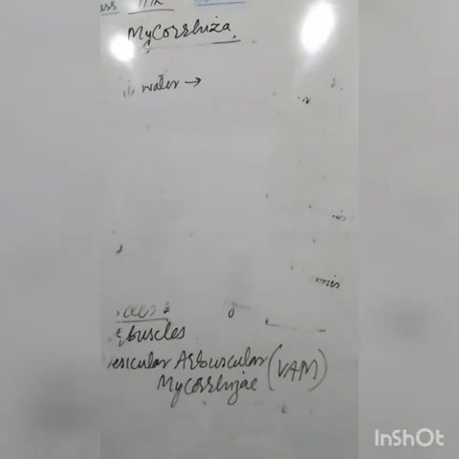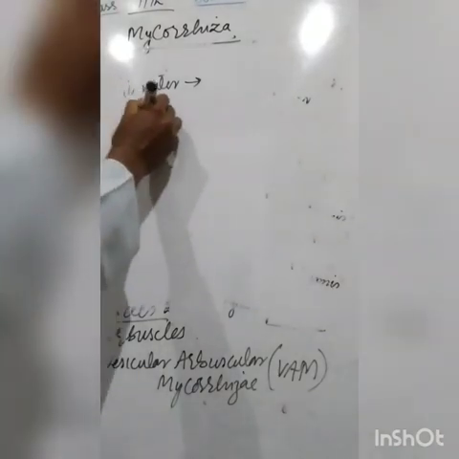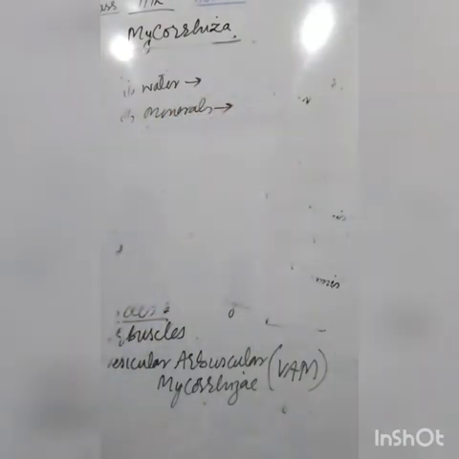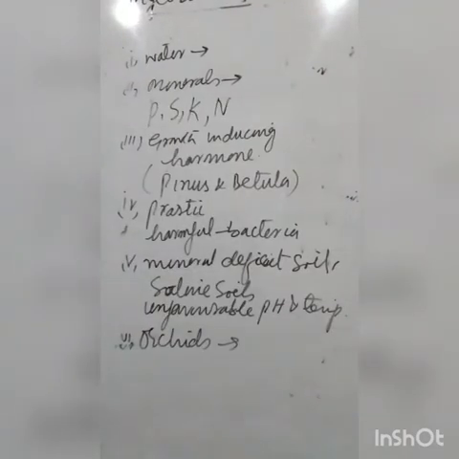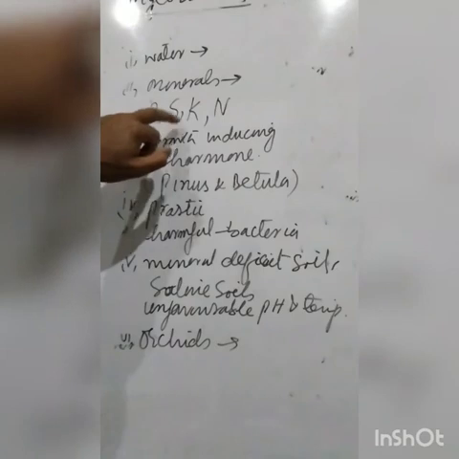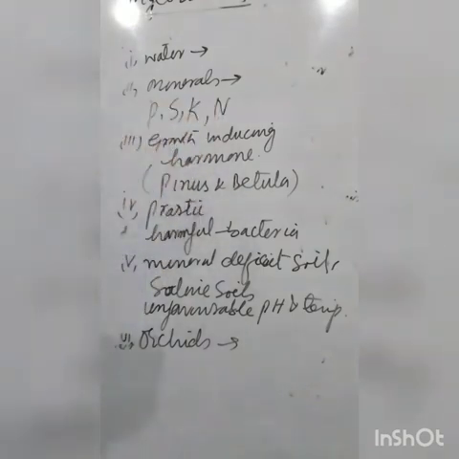These mycorrhizae also help in the absorption of minerals, which are found in the debris of organic matter. They help in the absorption of phosphorus, sulfur, potassium, and nitrogen mainly.